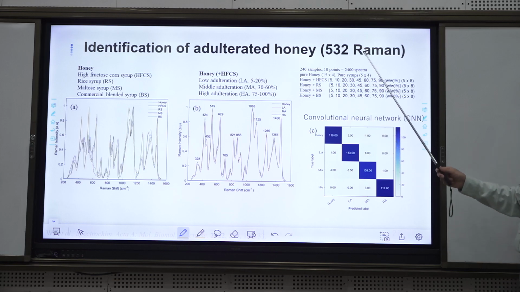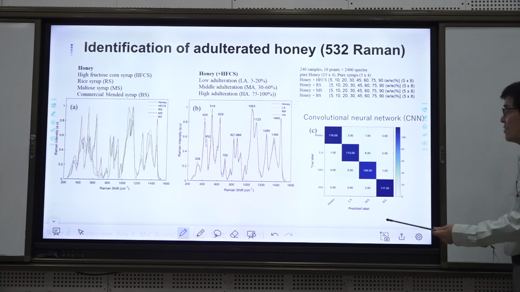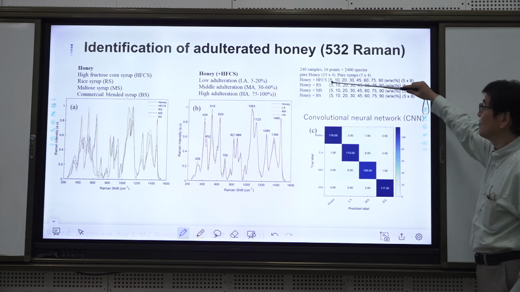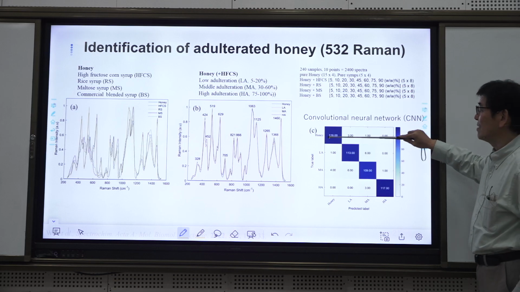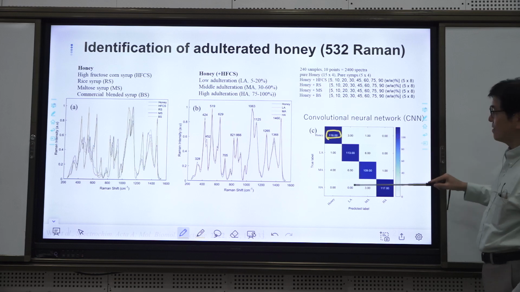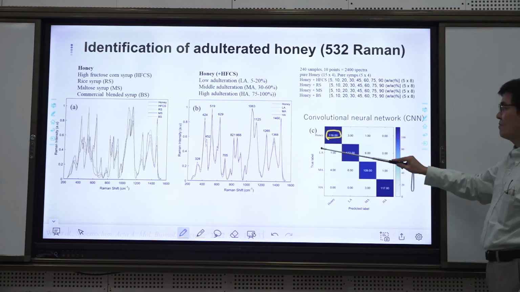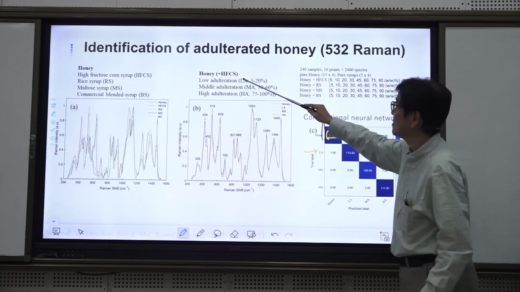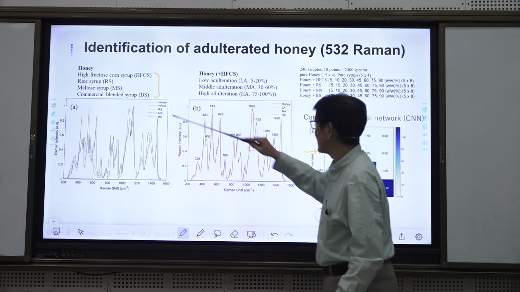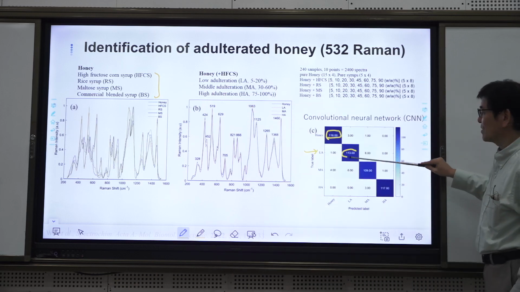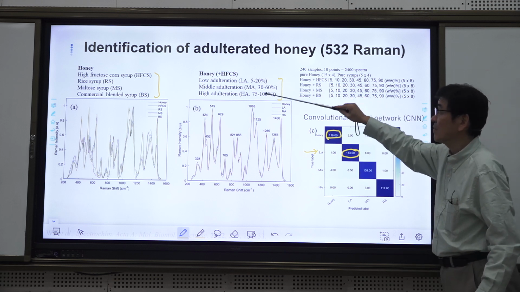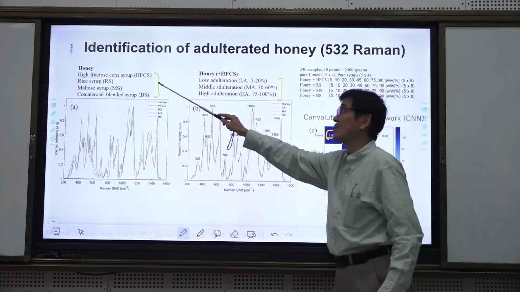In this case, they applied a convolutional neural network, CNN, and they succeeded in identifying natural honey in the case of 116, and they correctly predicted the addition of LA, so adulteration of these sugars, almost perfectly, irrespective of the added amount of these artificial sugars.